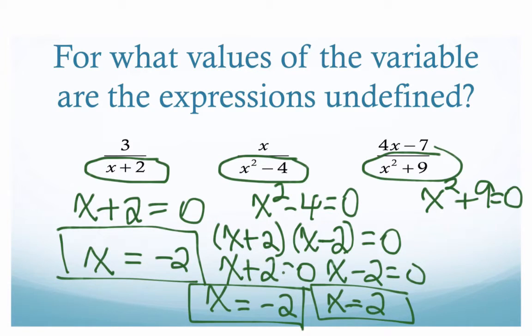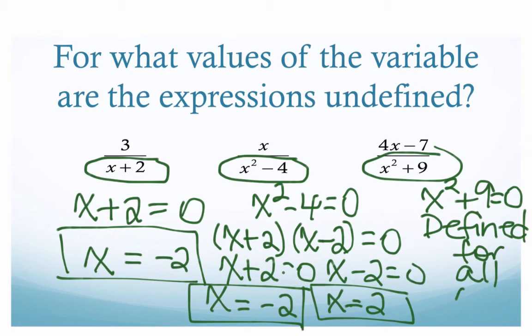If I put a +1 in there, I'm still going to get a +1 back. So x squared is going to take any number and make it positive. When I add 9 to it, I'm just making a larger positive number. So this expression is defined for all x, meaning there's no number that x could be that would make the denominator equal to 0.